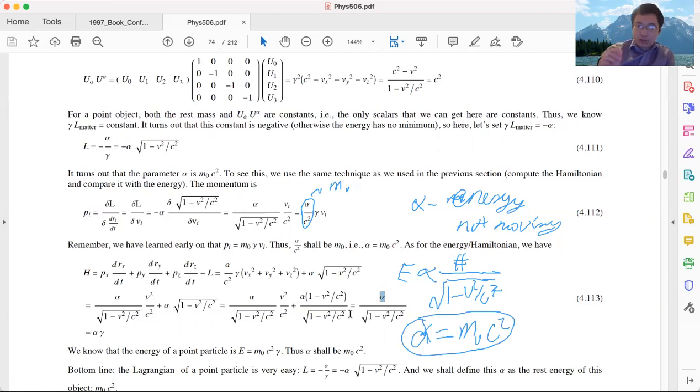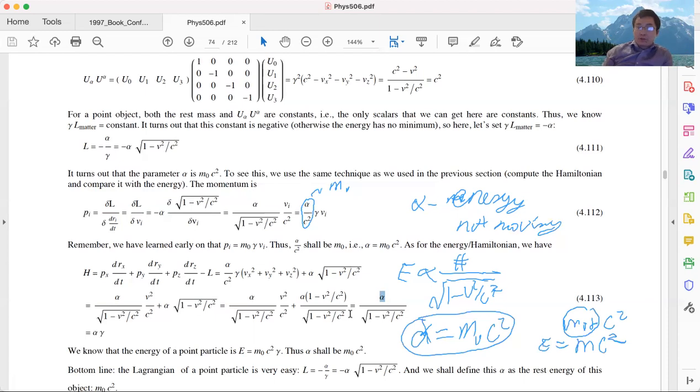And when it's moving, it's rest mass times speed of light squared times gamma. And rest mass times gamma is m. So that's E equals mc squared.